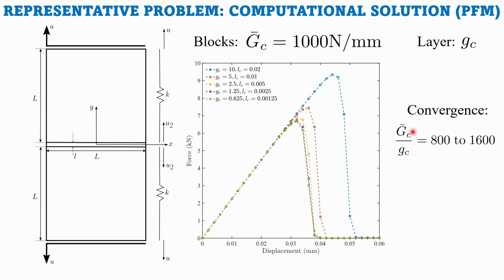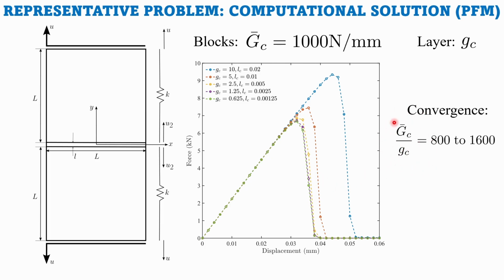Think of it like this. You know the block GCs, right? This is your bulk material. You know the block GC from your handbook. Now if you have a small layer in between the blocks which has a toughness small GC, how do you determine the toughness of this small layer, in order to reach convergence in the phase field solution?